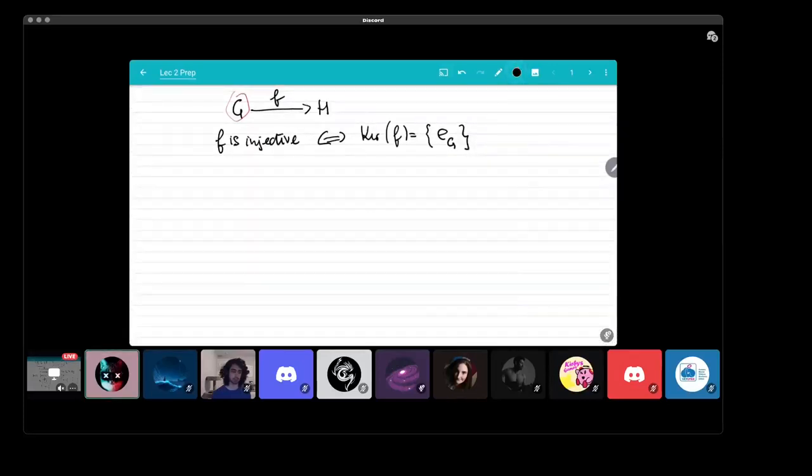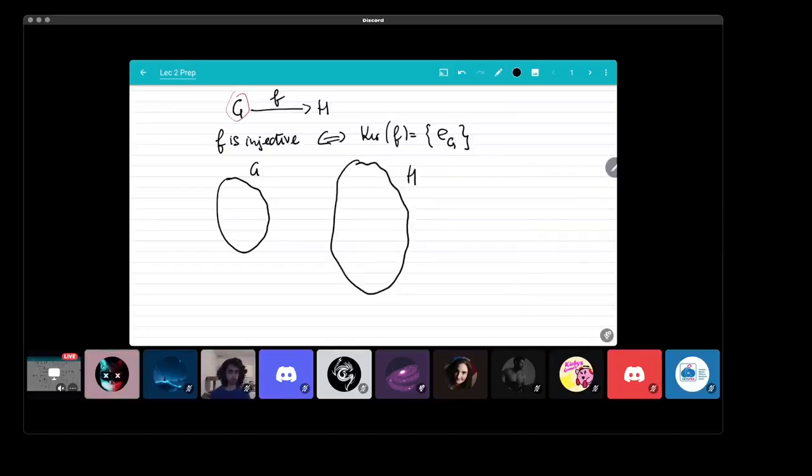It's a very important case when you see an injective homomorphism, because if this is G, for example, this is H, and say G had 1, 2, 3, 4, 5, 6, 7 elements, and H has many elements.